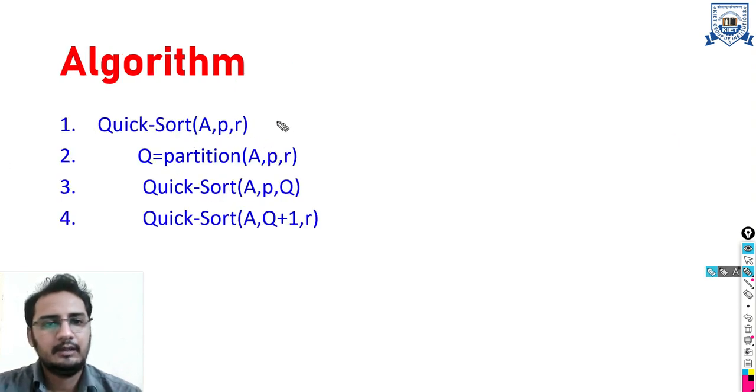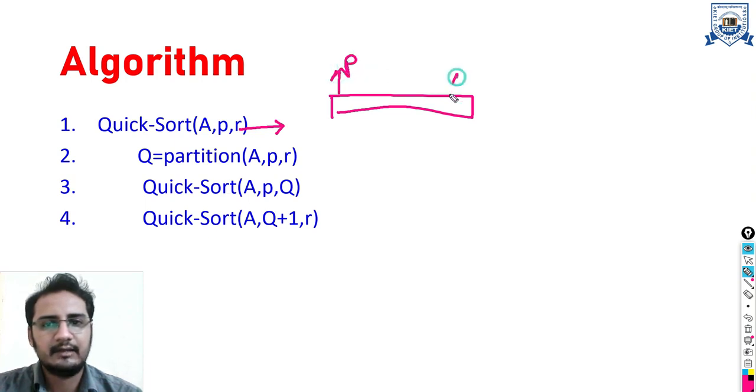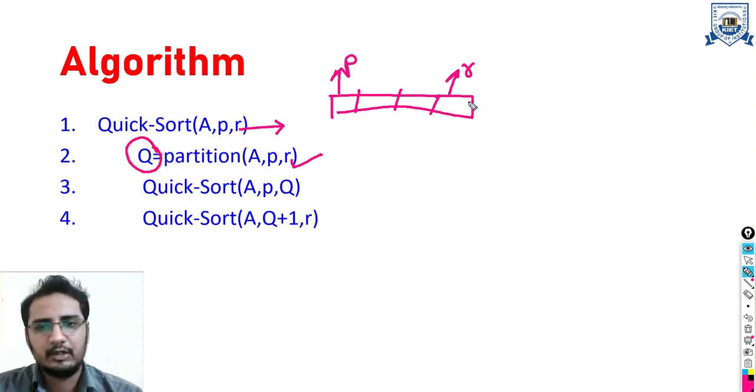Now here we are calling quicksort on the array A with the starting index as P and the last index as R. Okay. Then you are partitioning this array and storing that in the variable Q. So you know that if you take this element as the pivot, it will reach its correct position.